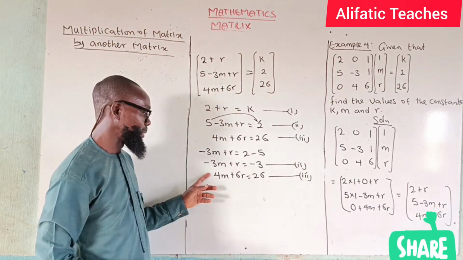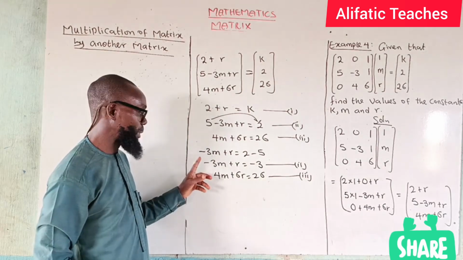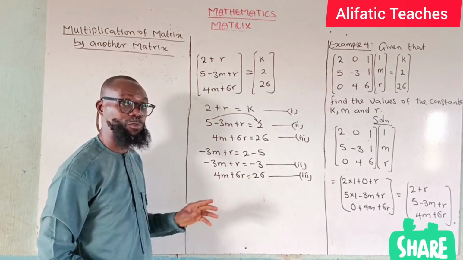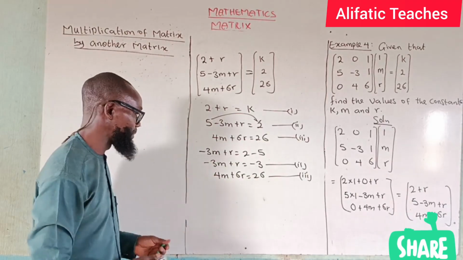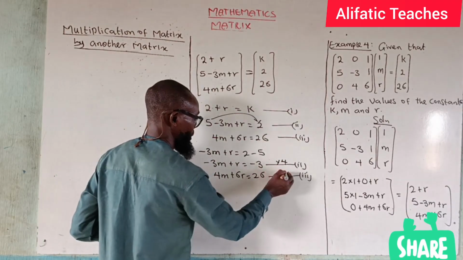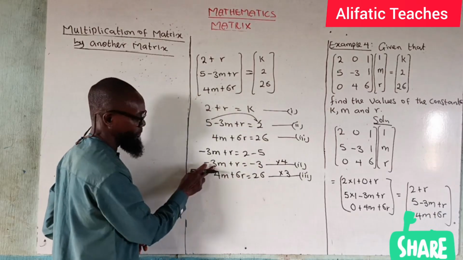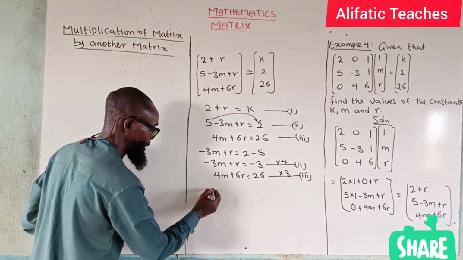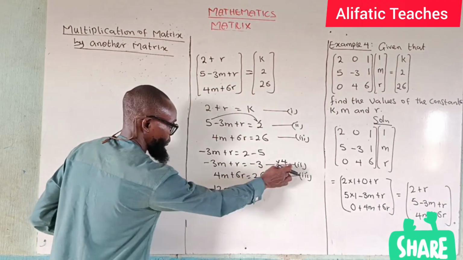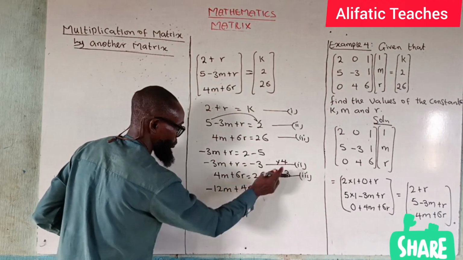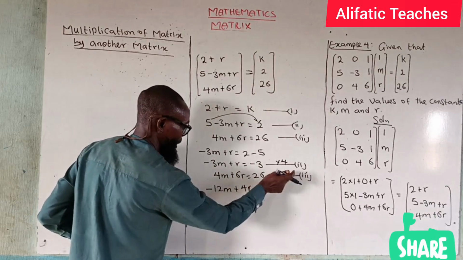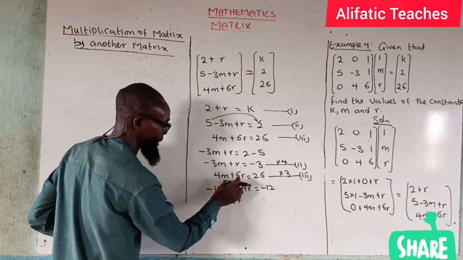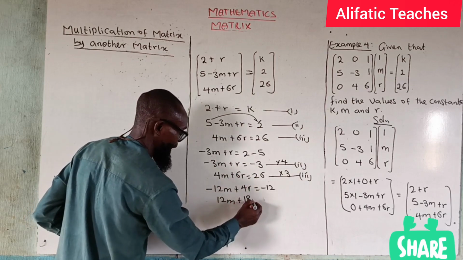To eliminate m, the signs must be different. One must be negative, the other must be positive. As well, the number here must be the same. To make this number the same, let me multiply this equation by 4, equation 3 by 3. If you multiply this equation by 4, 4 times 3, minus 12m plus 4 times r, 4r equals to 4 times minus 3, minus 12. 3 times 4m, 12m plus 3 times 6, I have 18r.